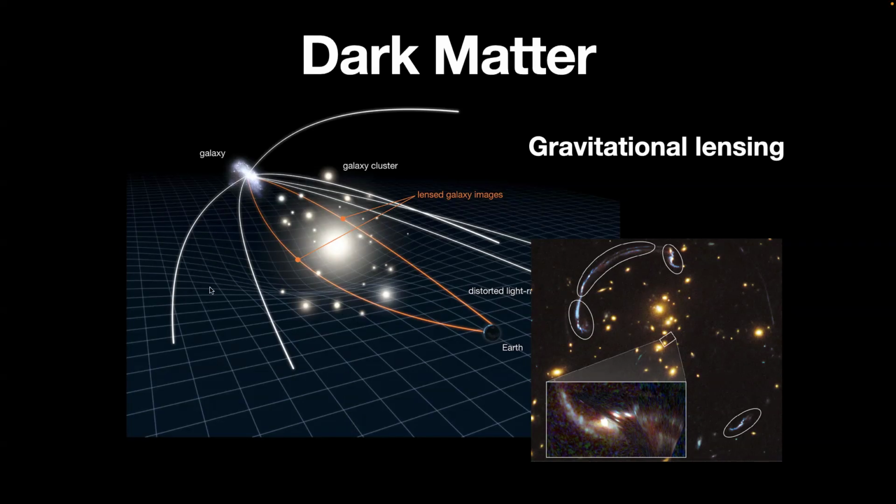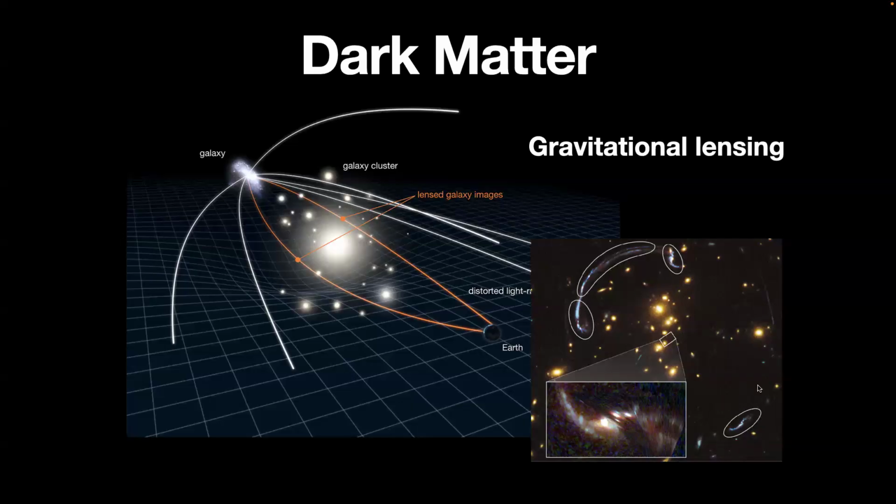This is a schematic of how that works. We have this cluster in between Earth and the galaxy we are trying to find. The light comes towards Earth, but it is bent by all of the mass, and so it takes a different path. And we might get something that looks like this. This is a real image down here. This galaxy would have been distorted like this.